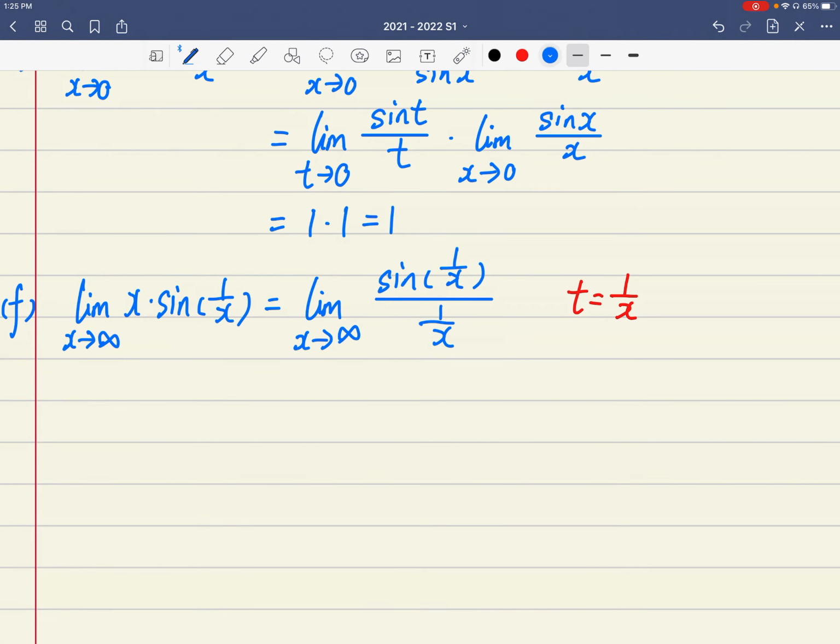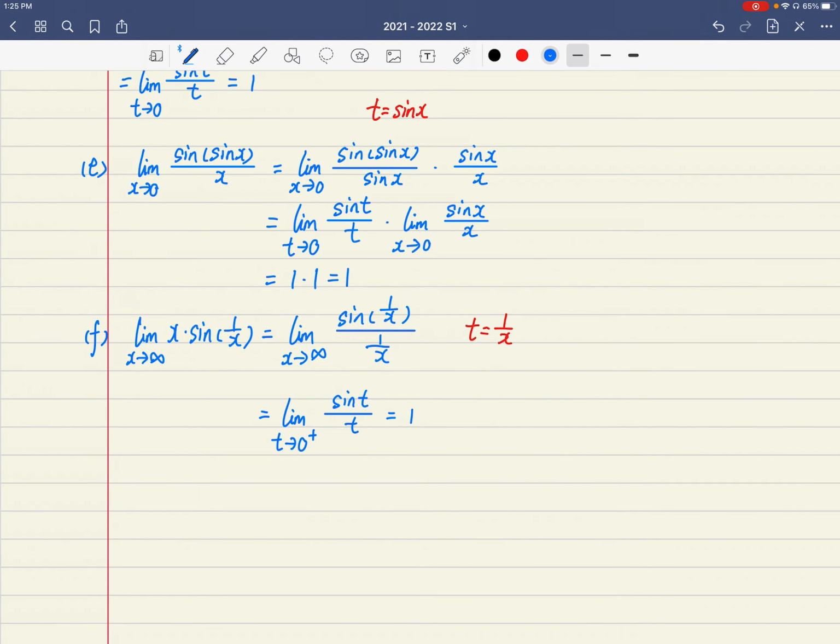Then when x is approaching infinity, t is approaching 0 from the positive side. So the top is sine t, and the bottom is t. Sine t over t, as t is approaching 0, the result is 1.